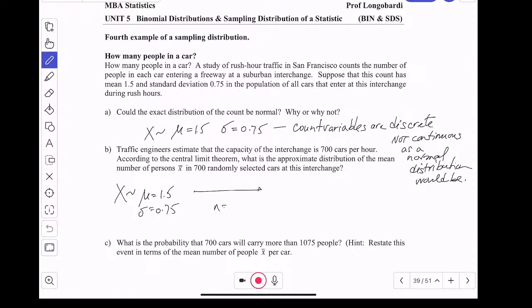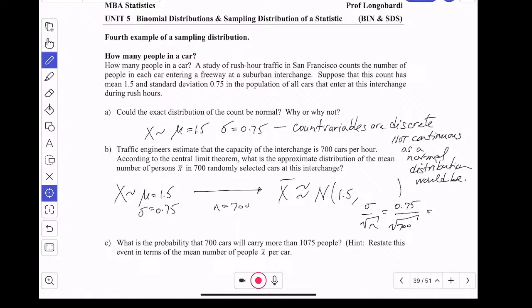If we take a sample of 700, then x bar is approximately normal with the same mean and a smaller standard deviation. So that's what the central limit theorem tells us.